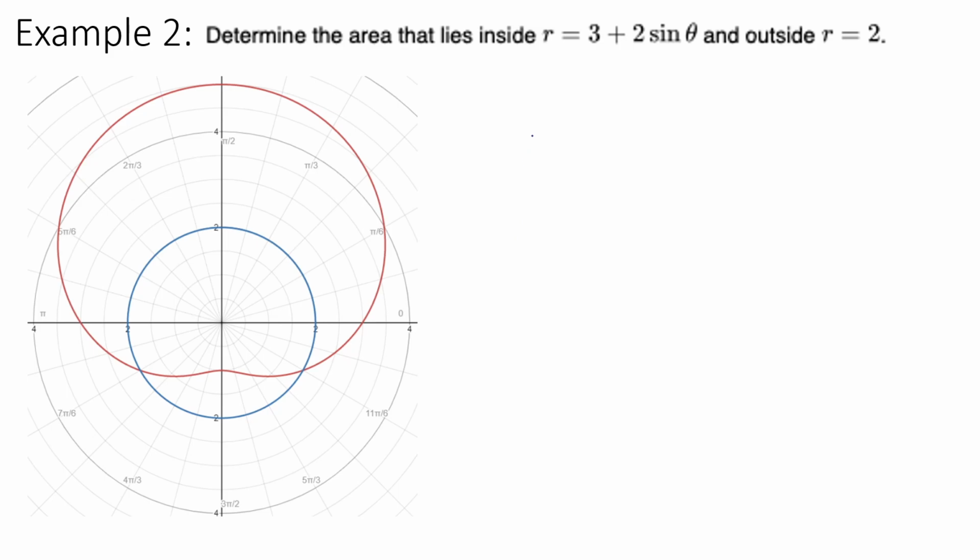So again, I'm going to give you the graph, but this time r equals 2 is just a constant, meaning it is constant all throughout the equation. So 2, 2, 2, 2, and so on and so forth. So it's a circle, right?